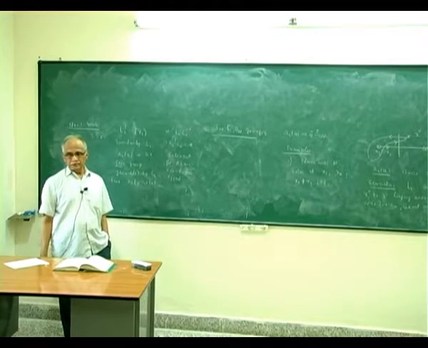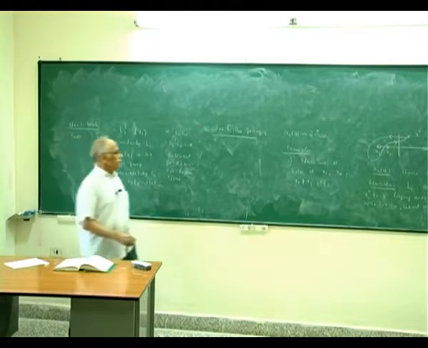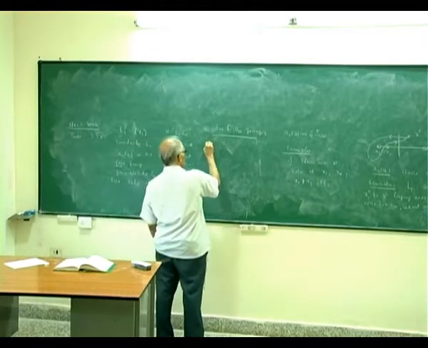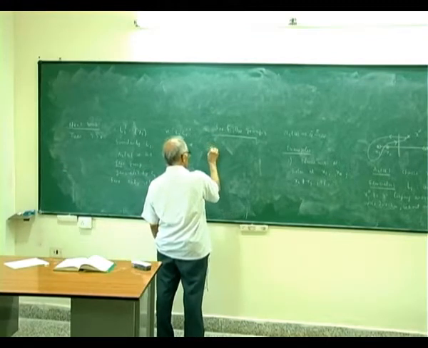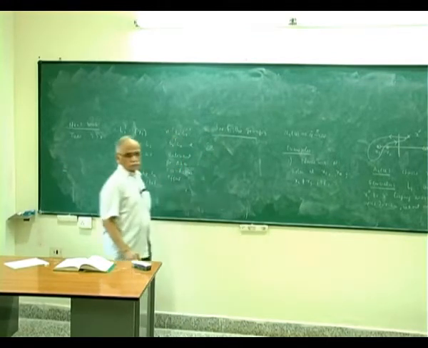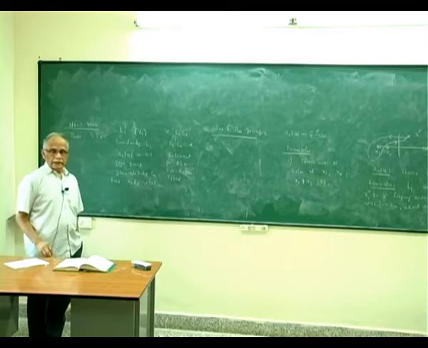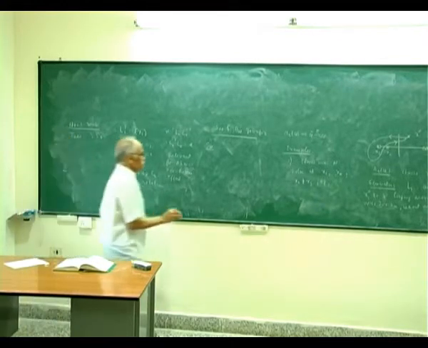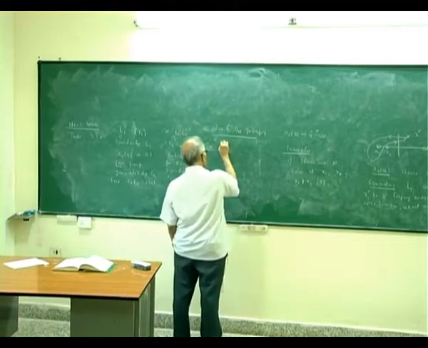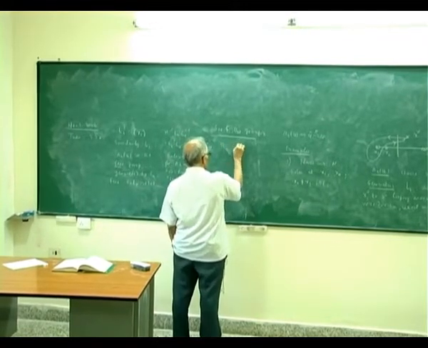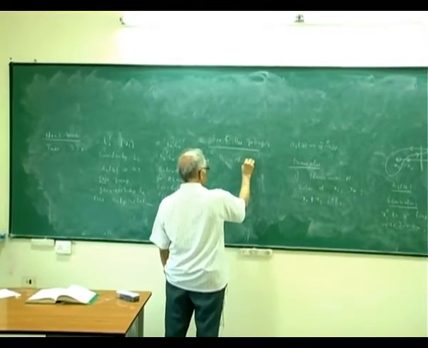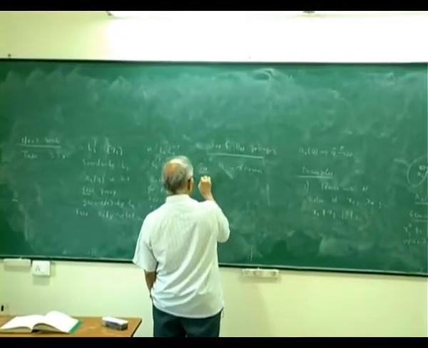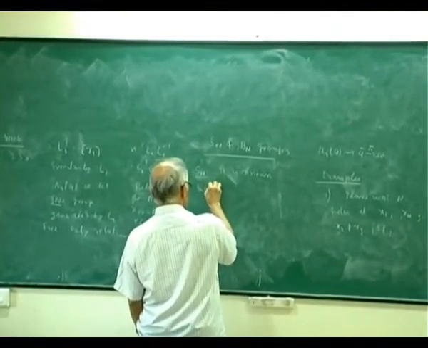Sn means the permutation group on n objects. So let me look at Sn. First, let me show you something. It is known that, but how it comes as a statistics group, I'll show you.